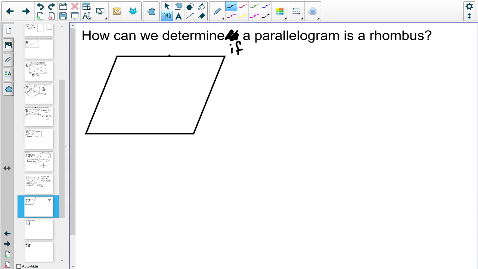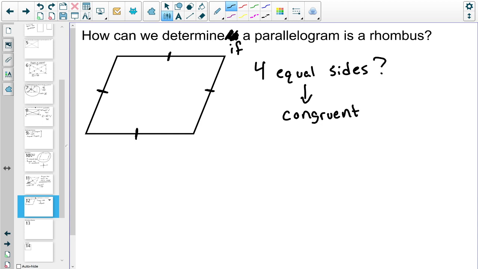So if we see that these 4 sides are equal, or congruent would be the best way to say it, 4 congruent sides, then yes, it is a rhombus.